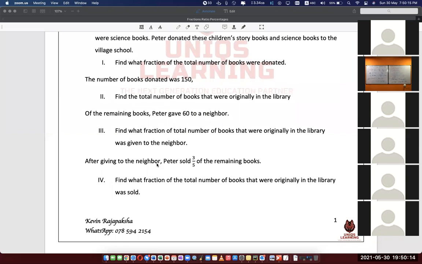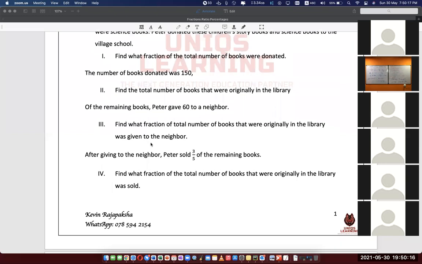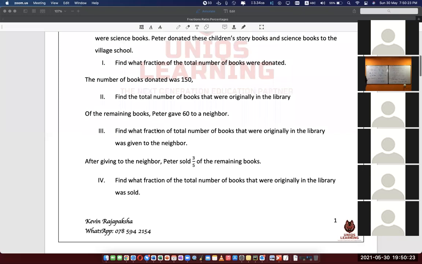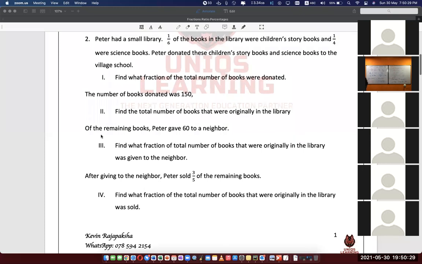Okay, that is question number 2. Question number 3. Find what fraction of the total number of books originally in the library was given to the neighbor. Of the remaining books, Peter gave 60 to the neighbor. So of the original books, he gave 60 to the neighbor.